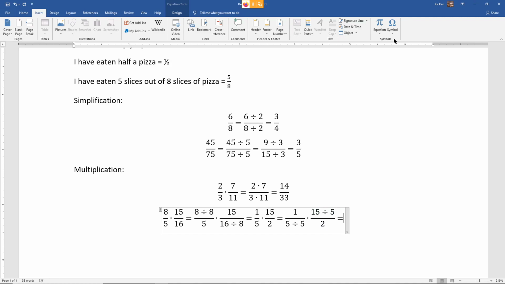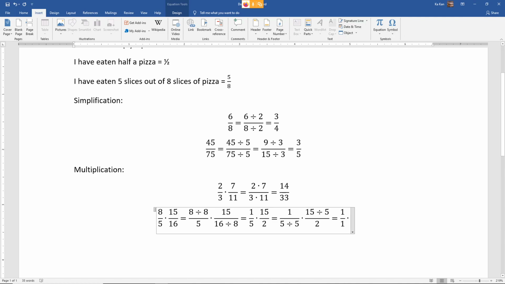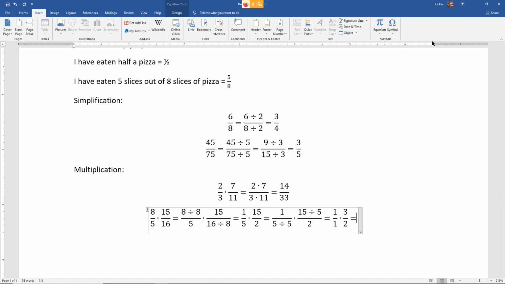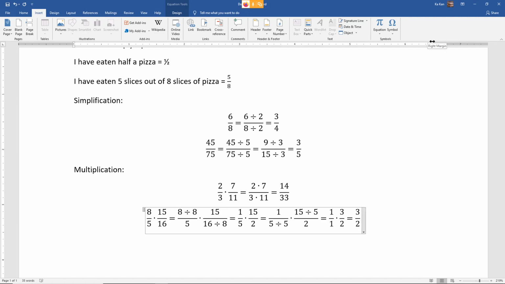So then you will become 1 over 1, right? 5 divided by 5 is 1, right? And then times 3 over 2. So the answer, 1 times 3 is 3, 1 times 2 is 2. Done. Easy, right? So multiplication is not too bad, right?